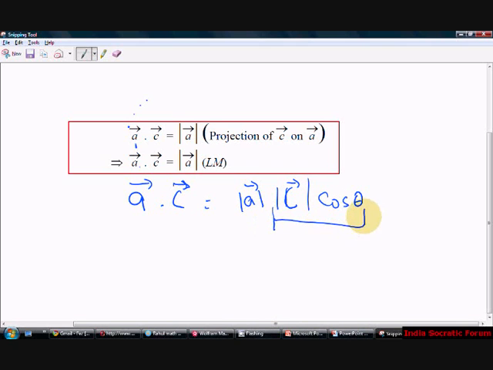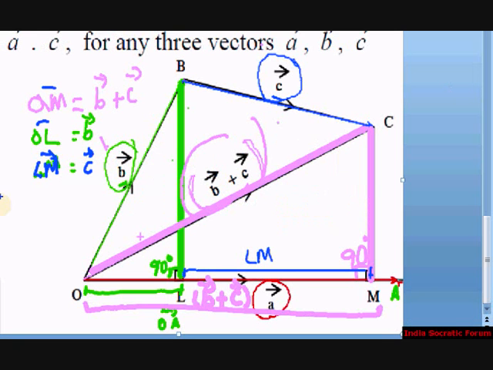C cos theta is nothing but the projection of C onto A. We found the projection of C onto A is LM, the projection of vector C on OA. So the projection of C on A is LM.